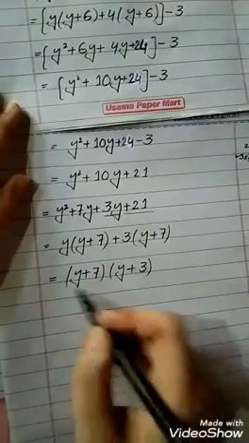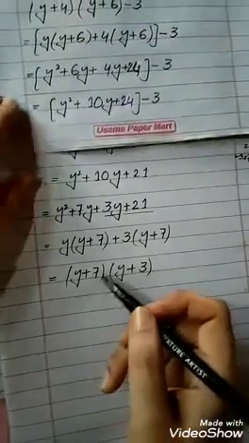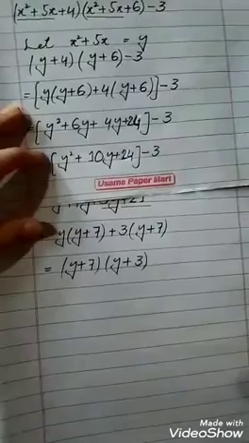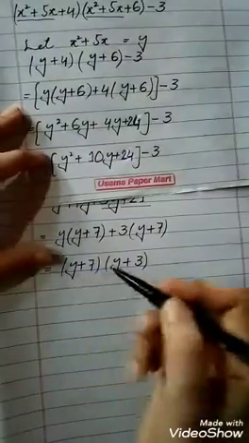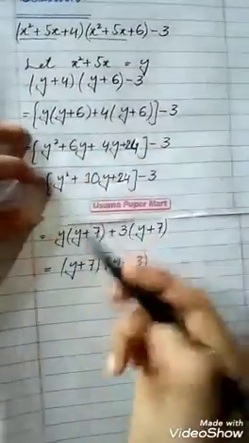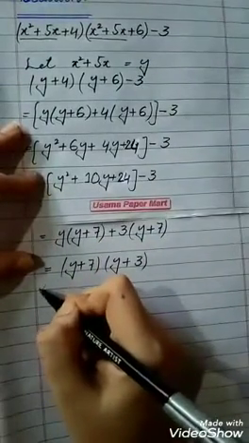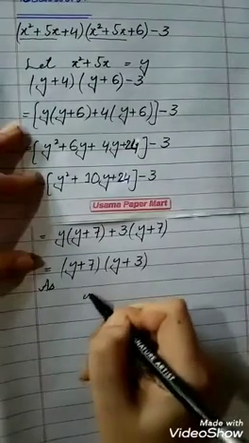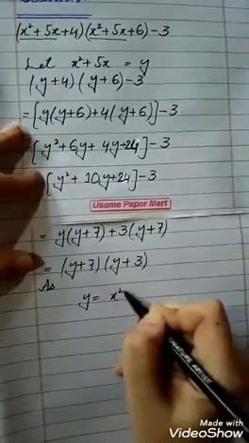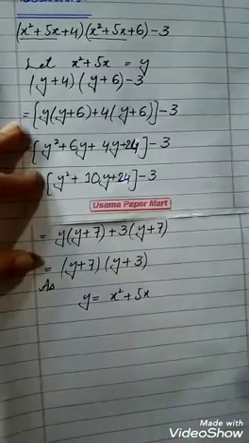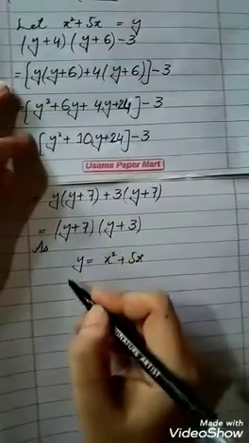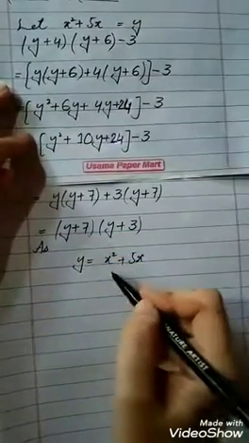So these two factors we got, but we don't need them in y terms because we were having x terms. So we have to change them back to the same terms. As you know, y is equal to x square plus 5x. So we will place the same values here now, means we want to return these values.